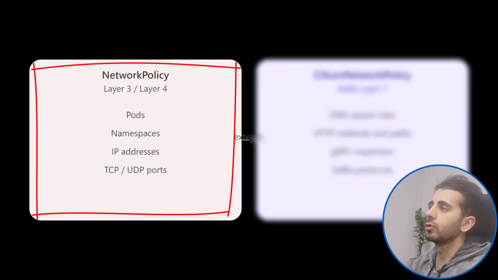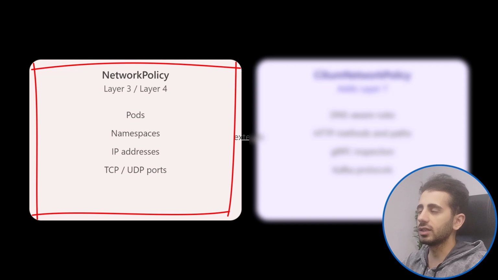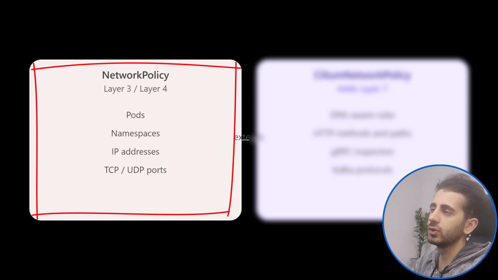So now you might be wondering, if Kubernetes Network Policy already works, why does Cilium have its own resource called CiliumNetworkPolicy? The answer is simple. The standard network policy is intentionally limited. It focuses on layer 3 and layer 4 networking. In other words, it understands things like pods, namespaces, IP addresses, TCP and UDP ports. That's exactly what we've been using throughout this video.